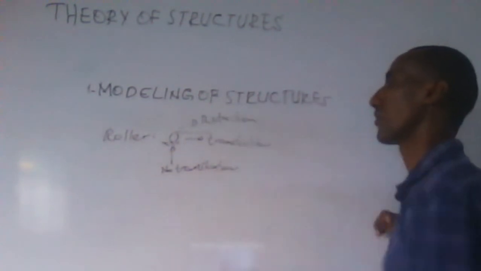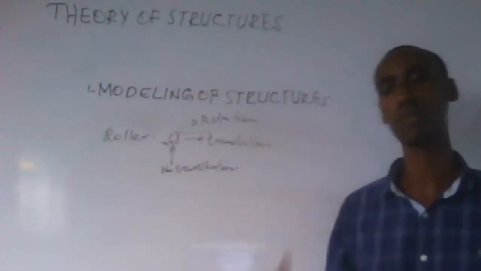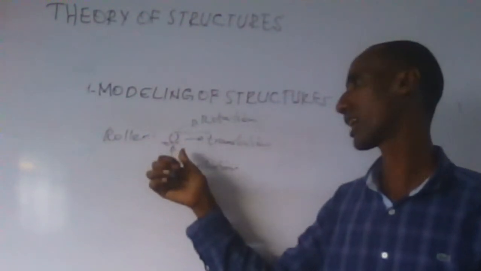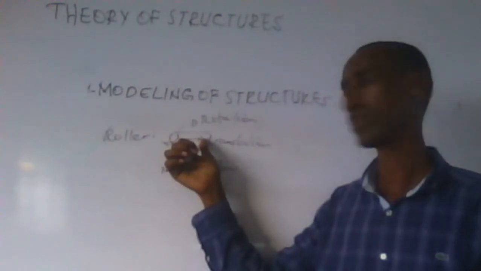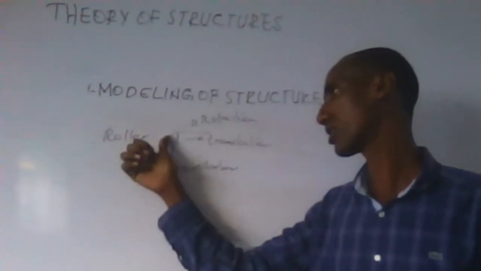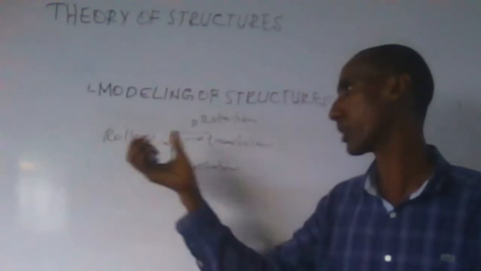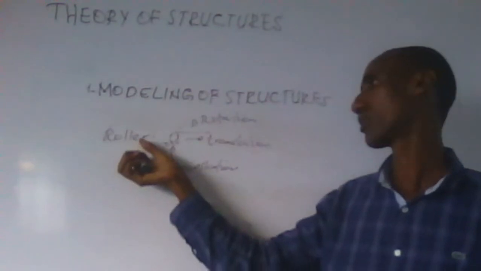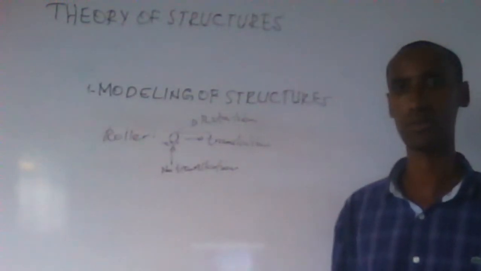So if a beam member is connected to a given support, and that member can rotate about a point within the connection and can translate along either the x-axis or the y-axis, but not both, then we name that support type as roller. So this is the modeling or representation of roller supports.